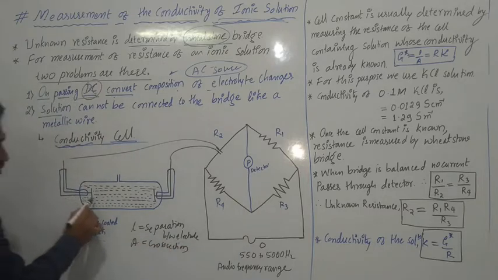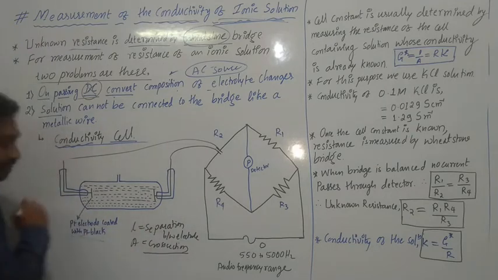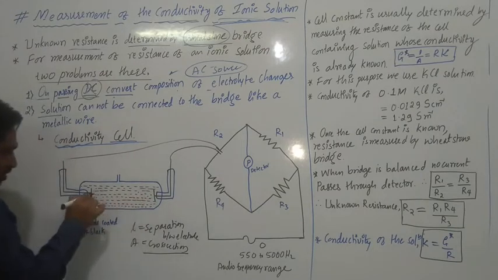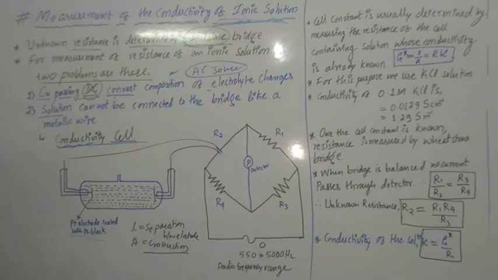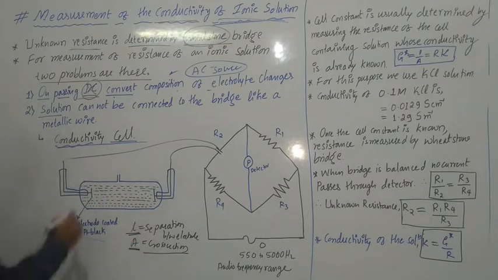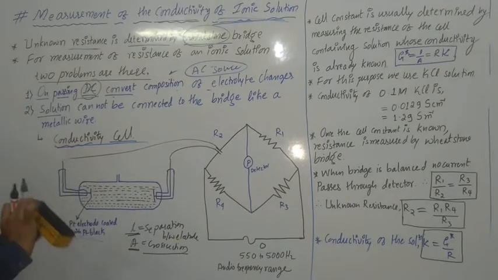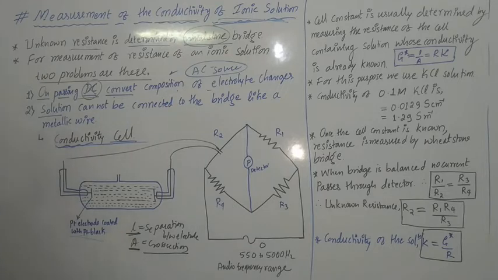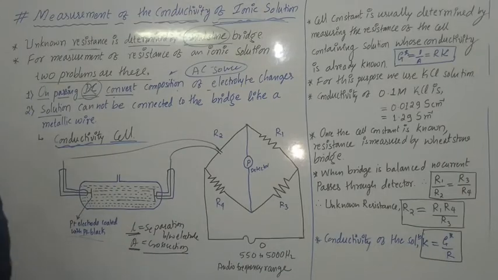So these two electrodes are separated by distance L and they have area of cross section A. It means if a solution is confined between these two electrodes, the solution present in between them behaves like a column of length L and area of cross section A. So by using these data we can calculate an important physical quantity.